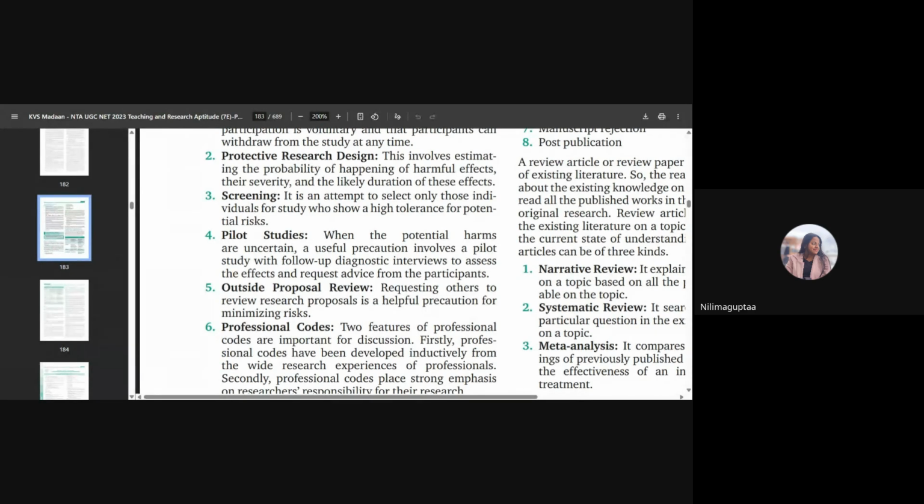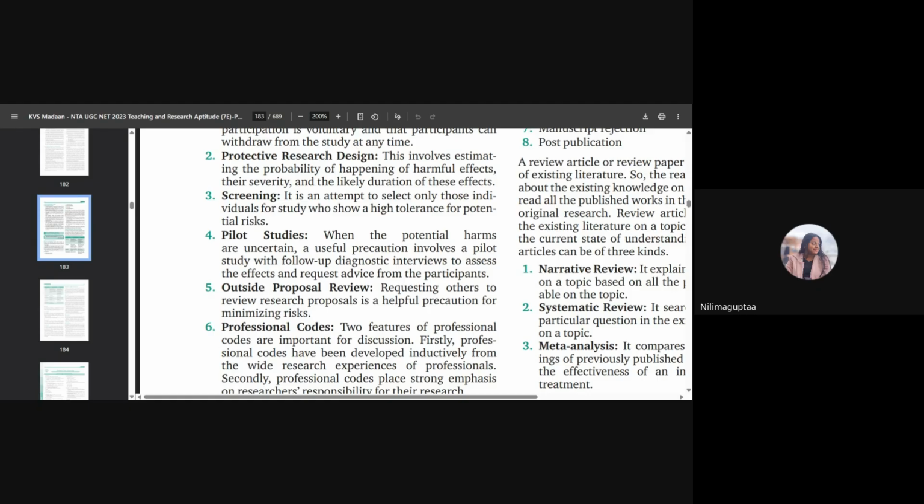So instead of damaging so many lives or giving a harmful effect or impact on anybody's life, first do it on a small scale. If it is okay, then you can go and proceed further. That helps our research to be more ethical, especially when I talk, the health factor comes into the picture.